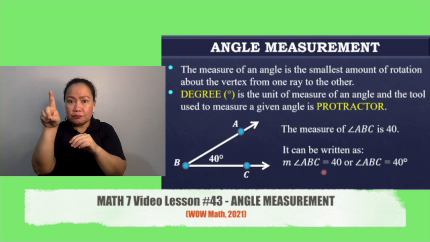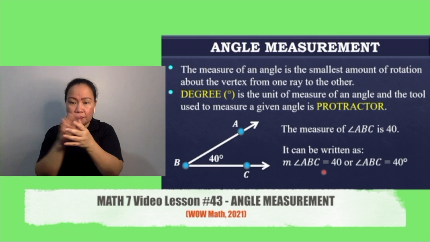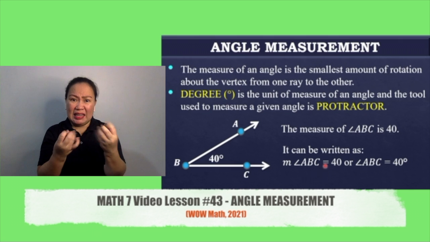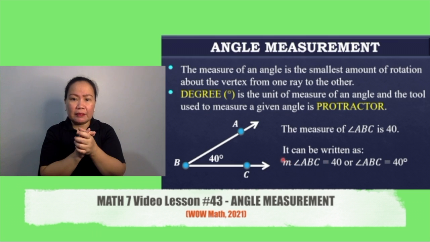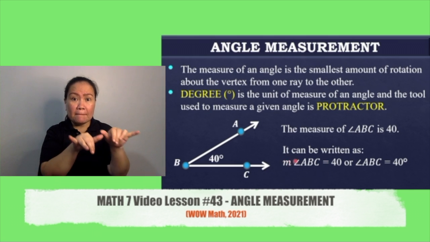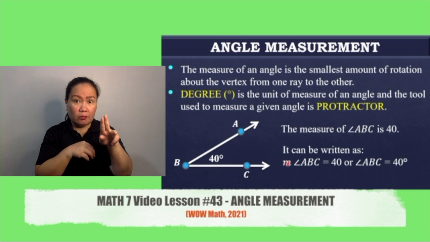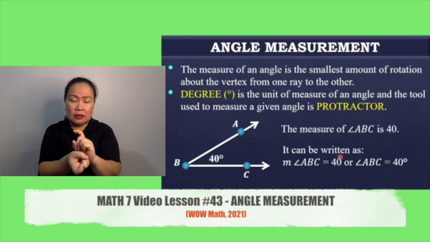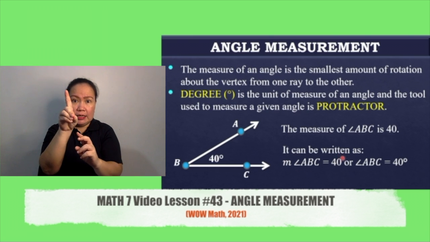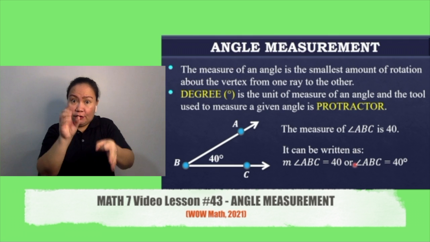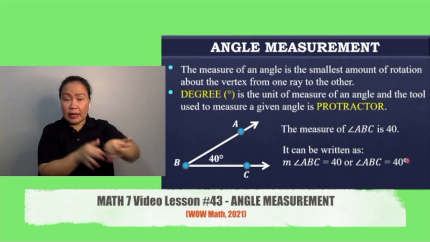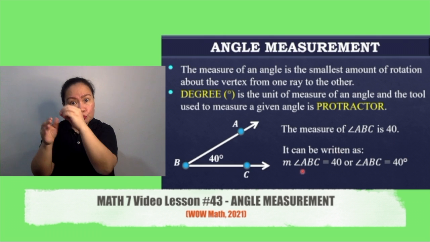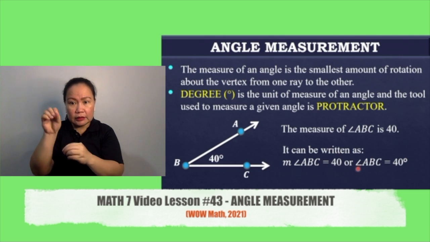Ito po ang pinaka-importante kasi madalas nagkakamali dito. Tatandaan na kapag meron na po tayong m na symbol, or measure of angle ABC, itong small letter m, it replaces the degree symbol. So, wala na po tayong degree symbol. Kung wala namang measure, lalagyan po natin siya ng degree. Yan po ang pagkakaiba nila. Pwede mo siya isulat ng ganito, pwede rin pong ganito.